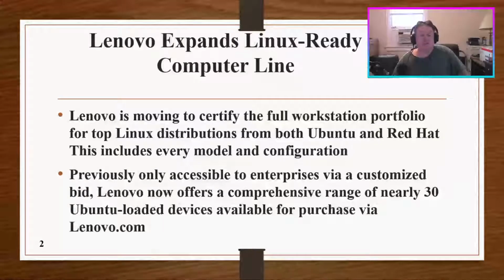Lenovo is moving to certify the full workstation portfolio for top Linux distributions from Ubuntu and Red Hat. This includes every model and every configuration. Previously only accessible to enterprises via a customized bid, Lenovo now offers a comprehensive range of nearly 30 Ubuntu-loaded devices available for purchase via Lenovo.com.